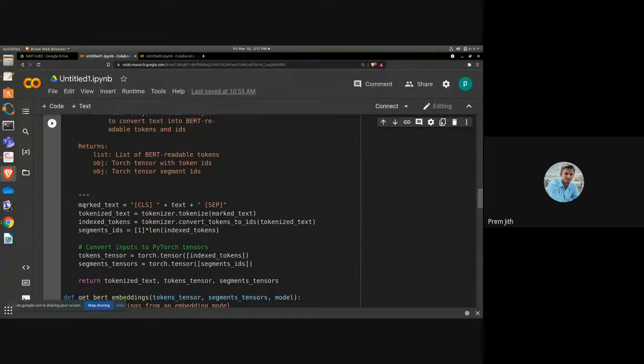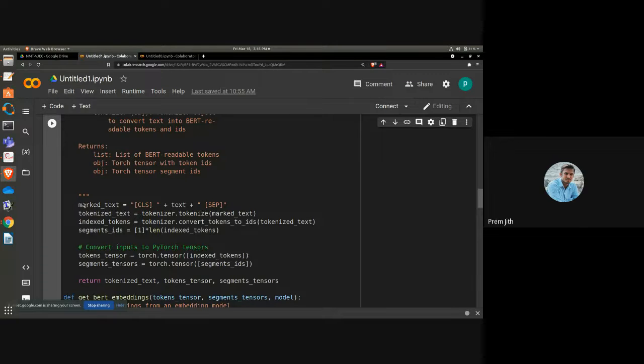Then you can also convert the segment IDs into a tensor. A tensor is nothing but a matrix in another dimension. In two dimensions you call it a matrix, and in the third dimension you call it a tensor.